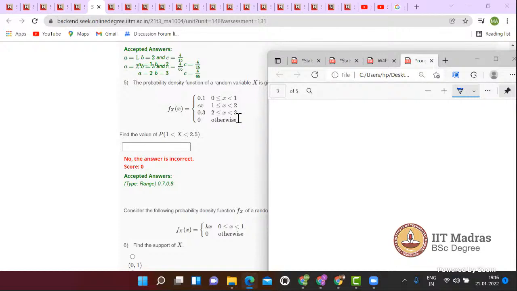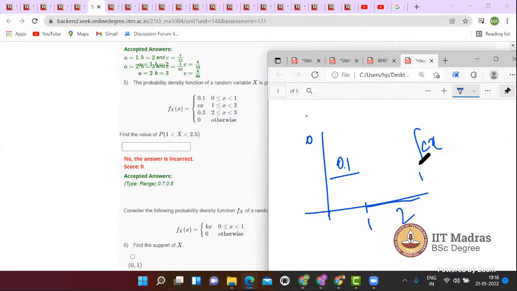From 0 to 1, your function is 0.1, and from 1 to 2, you do the integration of cx dx, plus, till 3, means 0.1 into 1 plus 3 minus 2 into 0.3, and equate to 1. You'll get the value of c, right?